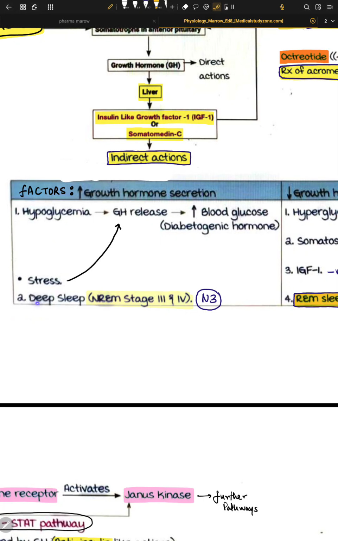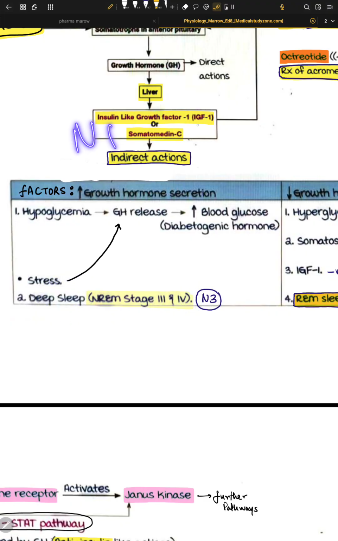And then we have deep sleep. Children love to sleep because they release a lot of growth hormone, and this leads to development. This is done in NREM stage 3 and 4, the N3 level.